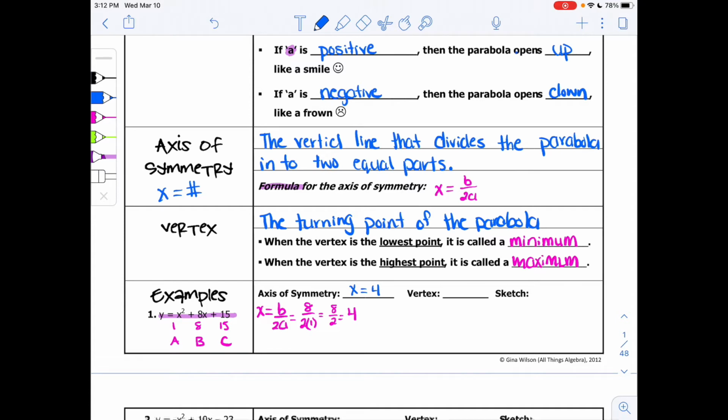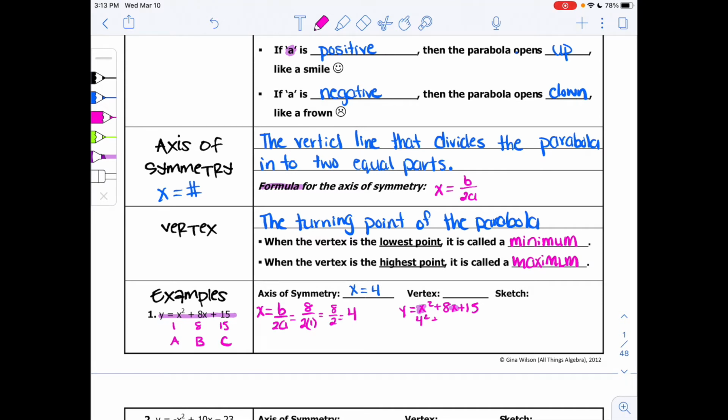Then for our vertex, we take the example we're looking at, y equals x squared plus 8x plus 15. By finding that axis of symmetry, we found what x equals. So we can replace x in both parts with 4.